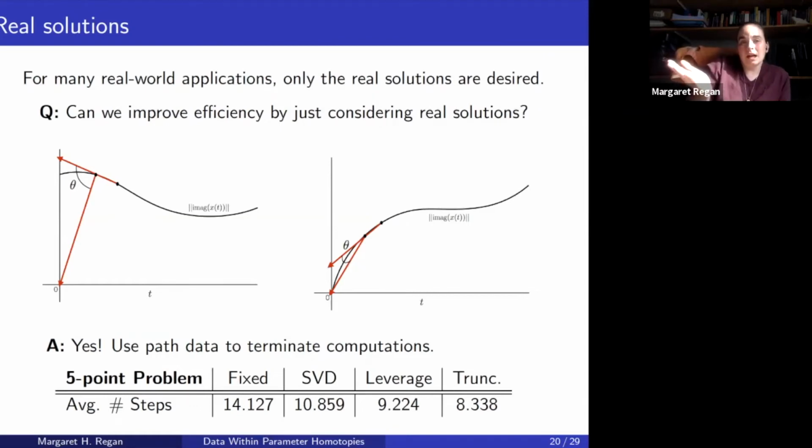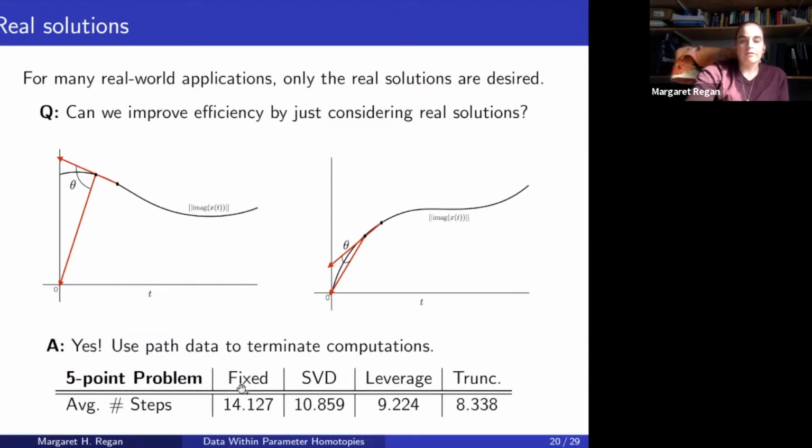Because it's going to be complex, and we're going to get rid of it anyways. So we just stop tracking any solution that, by this heuristic test at a non-zero t value along the path, is not going to possibly be real at the end. And this saves a lot of computation time and allows us to speed up our algorithm even more.